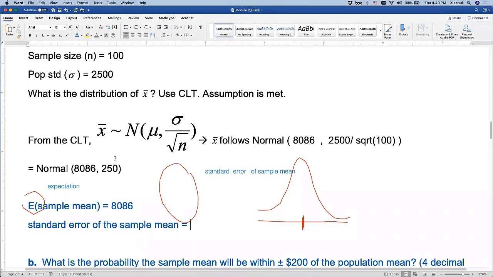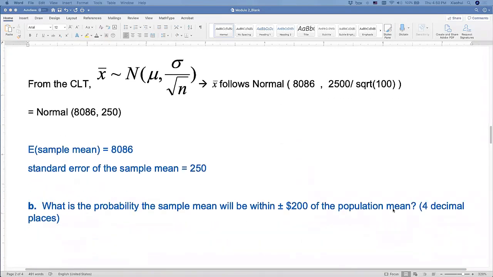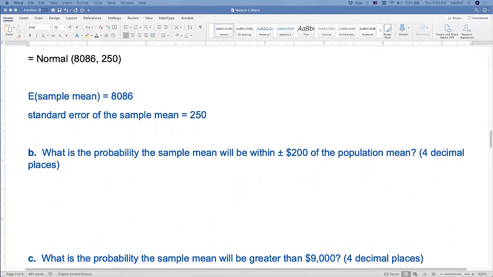It is 250. Do you see how I got it? Is it clear how I solved part A? Good. Now let's take a look at part B. I'm going to explain how I go over this kind of problem. There are some keywords you should always pay attention to.